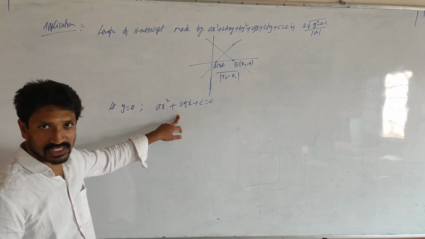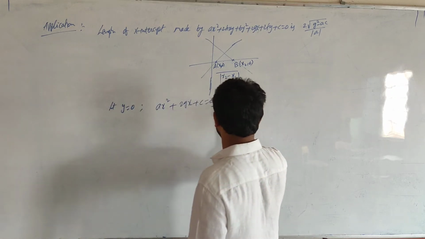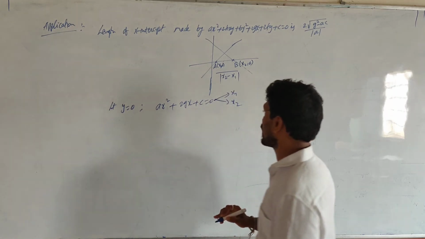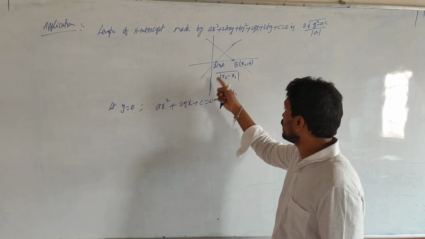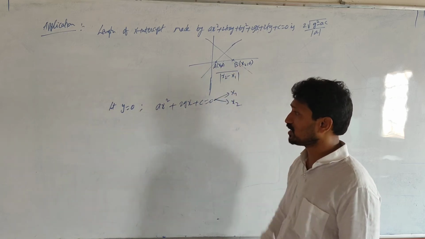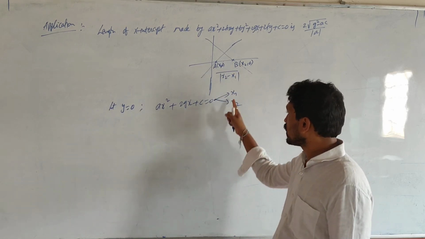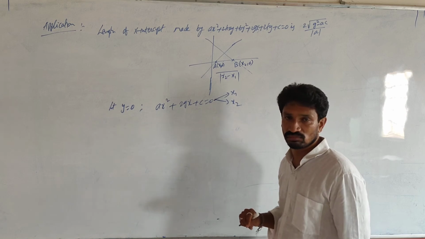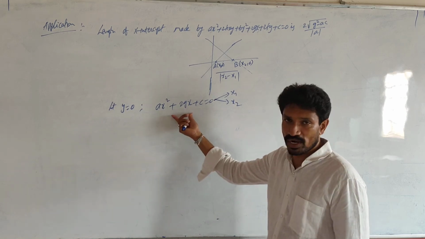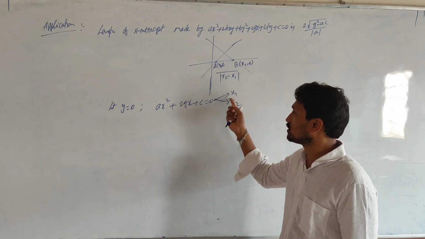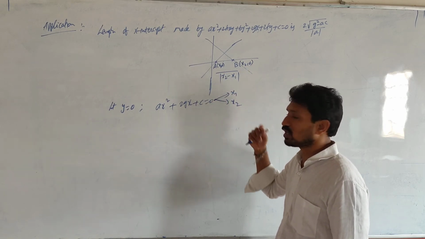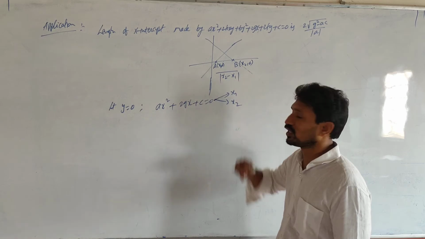Every quadratic equation has two roots, at most. So let us take those two roots as x1 comma x2. This quadratic equation is satisfied by these 2 points. So those roots x1, x2 are nothing but these 2 points.